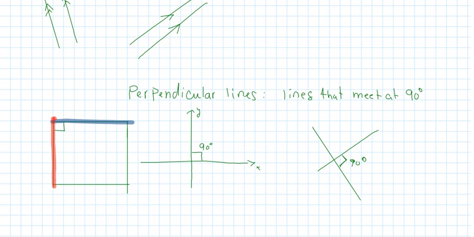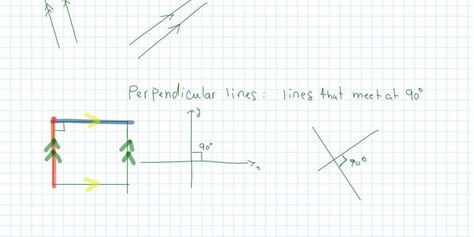But at the same time, I have two sets of parallel lines. What line is parallel to this line? The bottom one. Yeah, so these are parallel to each other. What line is parallel to this one? The one right there, so they will never meet.